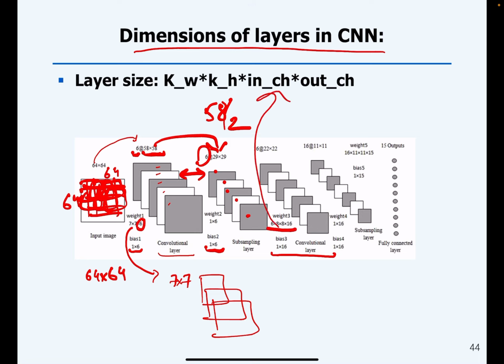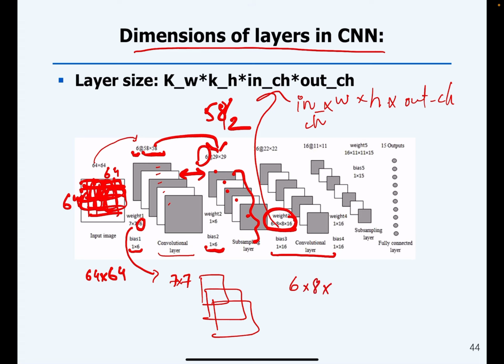So the size is the width, then the height, the number of channels in the input, and the number of channels in the output. So it is mentioned over here. 6 is the input channels, 6 from here.